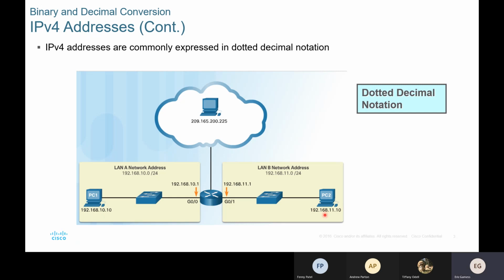For example, this router on this interface, the gigabit Ethernet 0/0, have an IP address, and this IP address is 192.168.10.1.